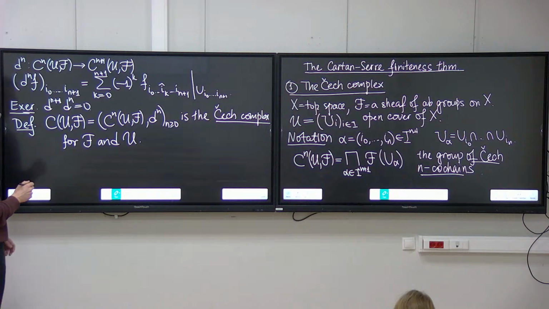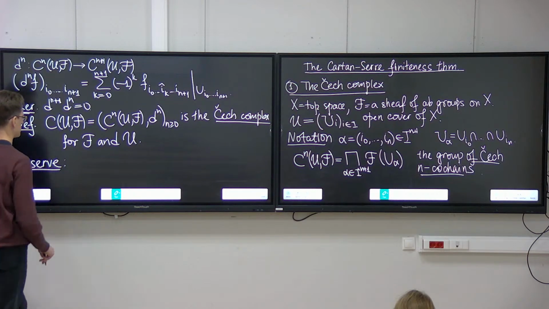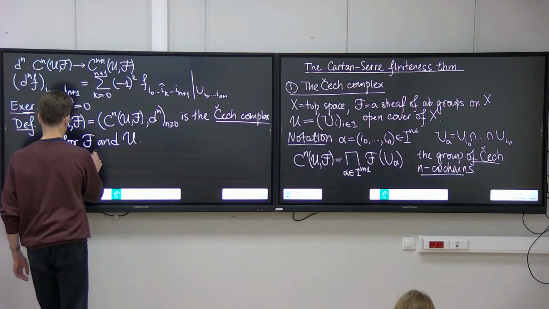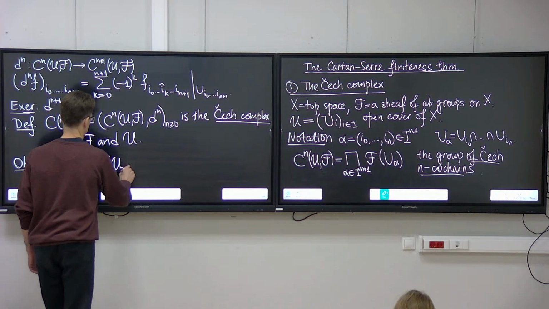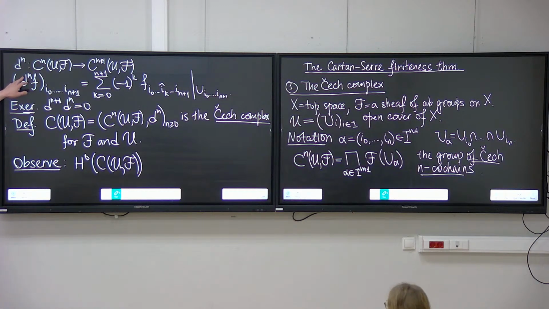So let's now observe. Let's now look at the zeroth cohomology of this complex. So the zeroth cohomology is just the kernel of D^0.